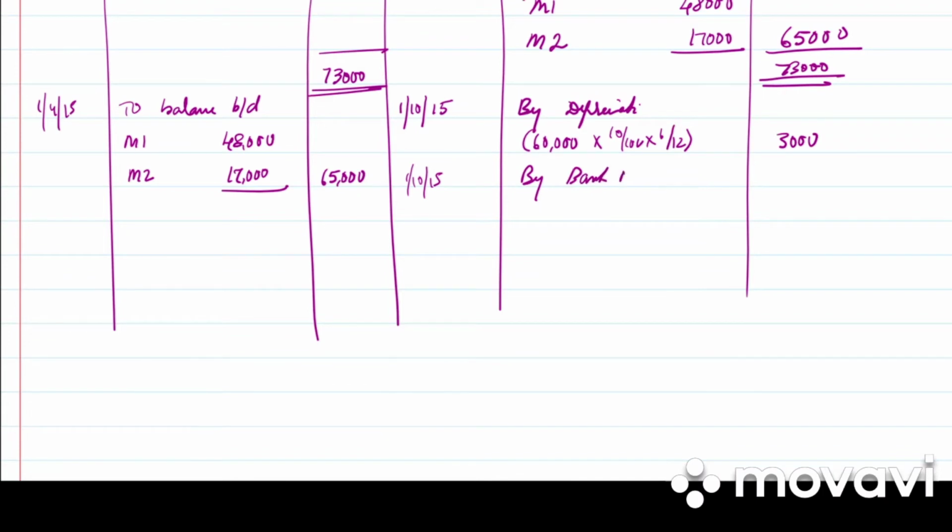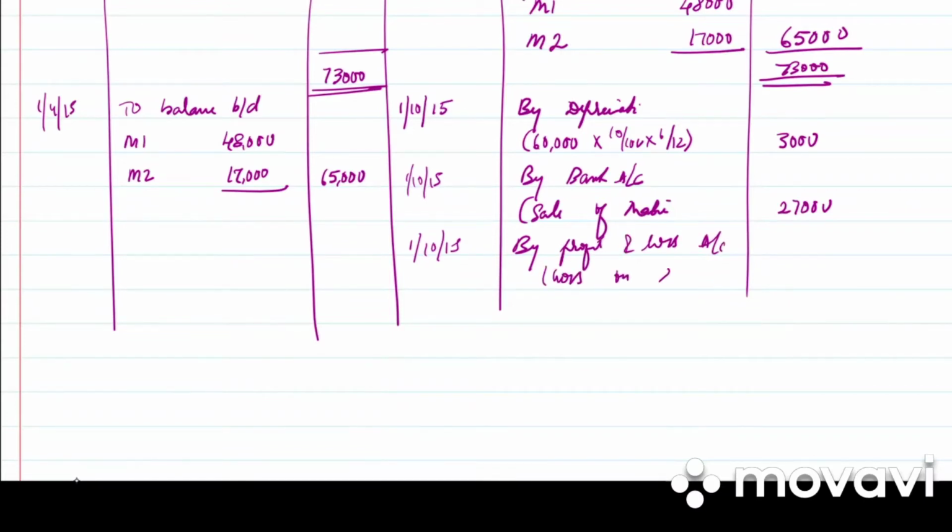So by bank account, sale of machine, 27,000. Then we have a loss. So again 1st October by profit and loss account, that is loss on sale. How much is it? 18,000.